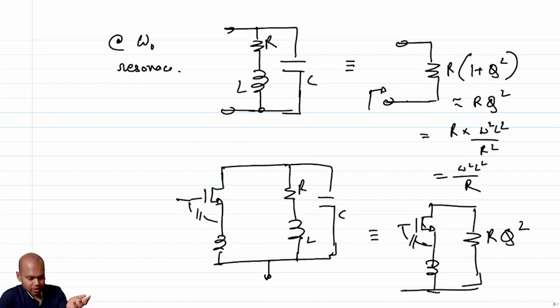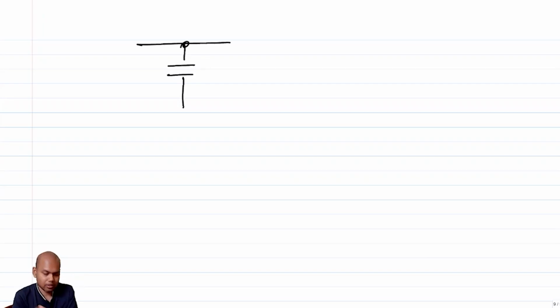Now note that there is an interesting part to it. It looks like this. If I now redraw this thing, now I'm changing the context. That was a separate discussion. Now this is again a discussion using RLC, but the context has changed.